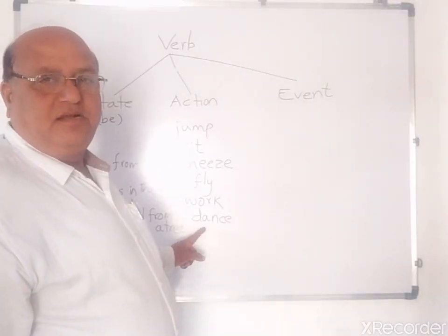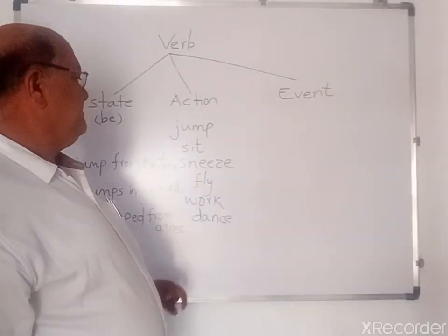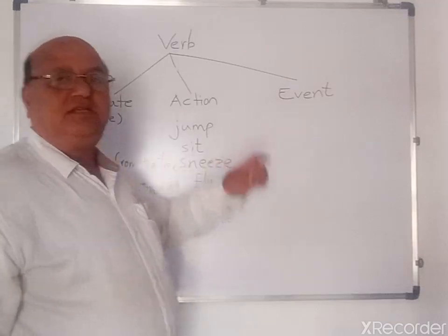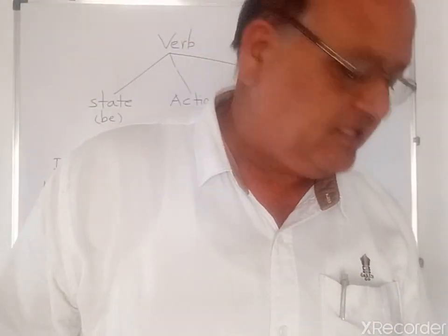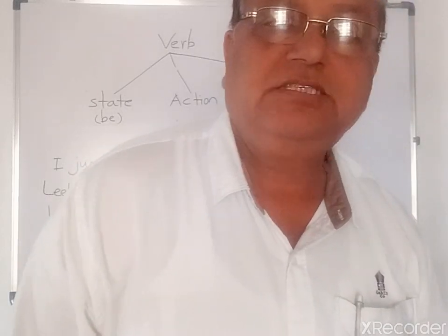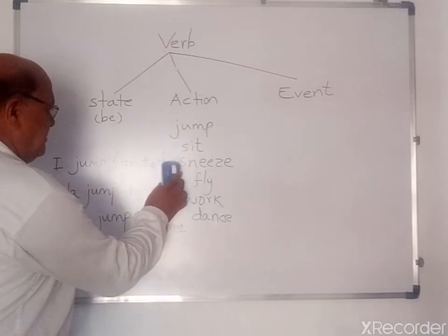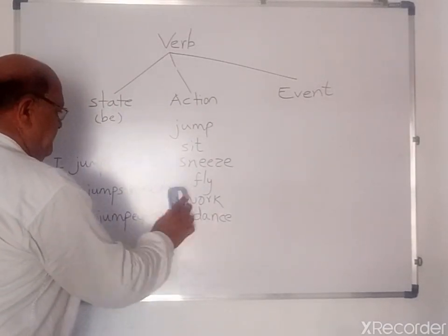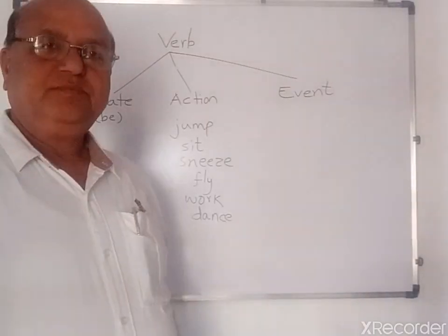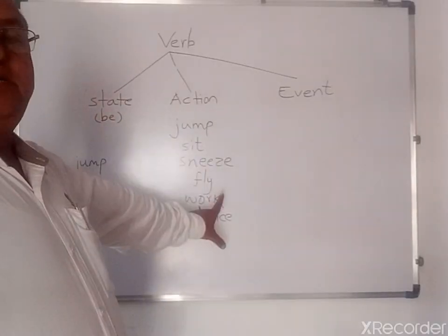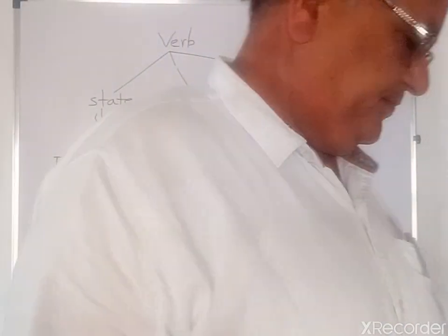My daughter dances in the theater. All these action verbs, they come under SV pattern of sentences or SVA pattern of sentences. So this A adjunct is deleted. All the SV pattern of sentences come here in action verb category.